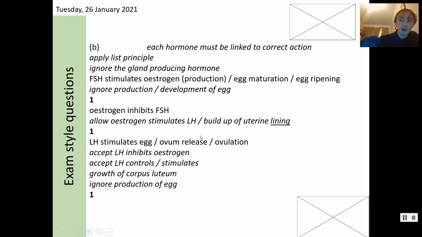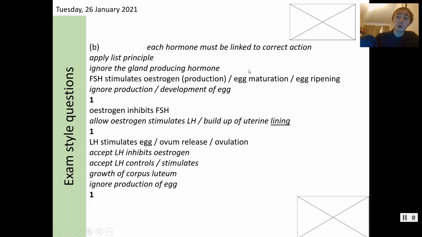Now, the only place people are going to lose marks is they're a bit fussy. And I would have mentioned this earlier. It's one of the reasons why I like to go through this exam question, to let you make a classic mistake. They're a bit fussy about their word for egg development. I would call it egg development. If I was talking to a normal person on the street and they said, what does FSH do? I would say it makes the new egg develop. I've probably said it several times today. They like the word mature.